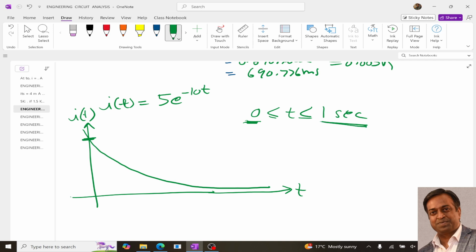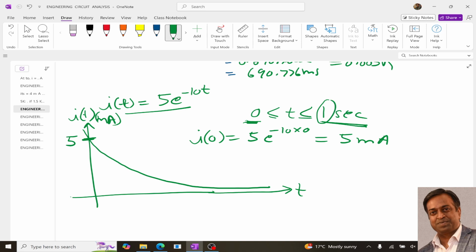So substituting the value of t as 0 in this, we will get i0 equals 5 e power minus 10 into t 0. So it is simply 5 milliamperes, right? Now for 1 second, we put it as this.